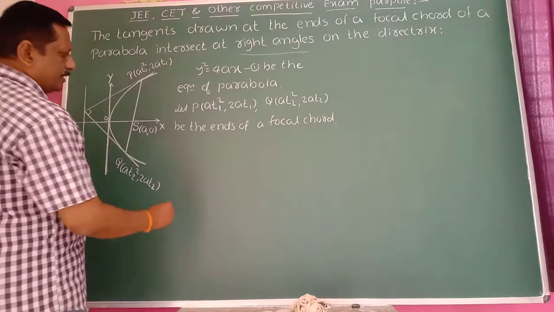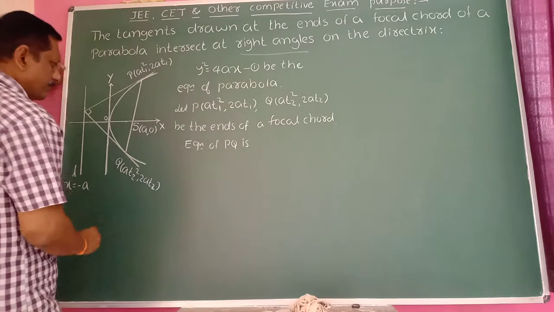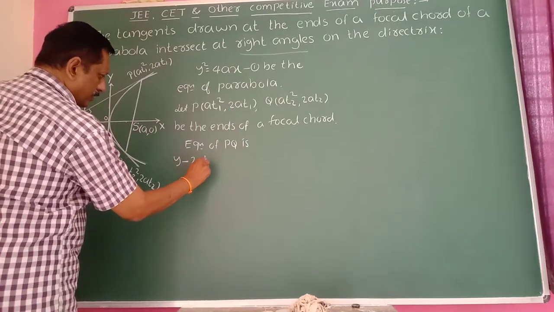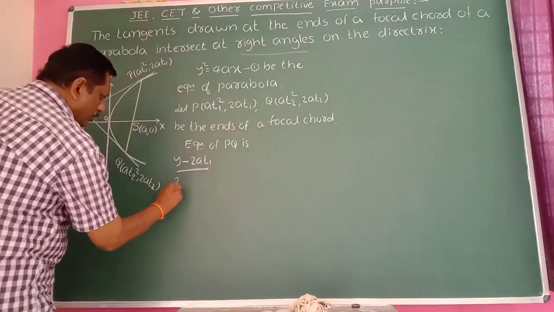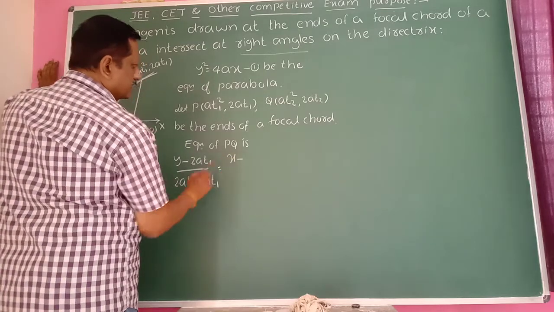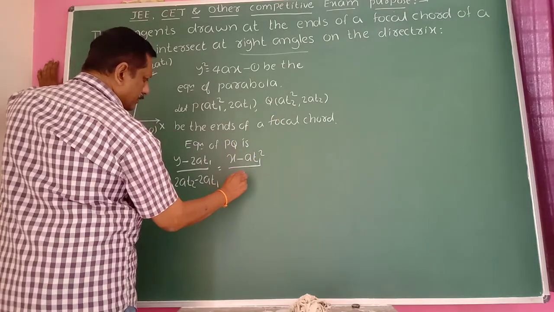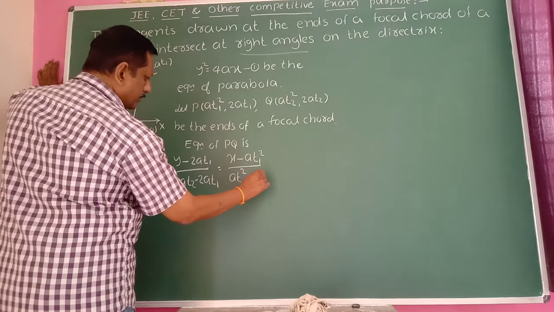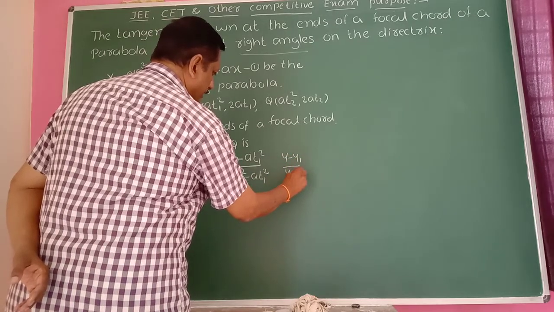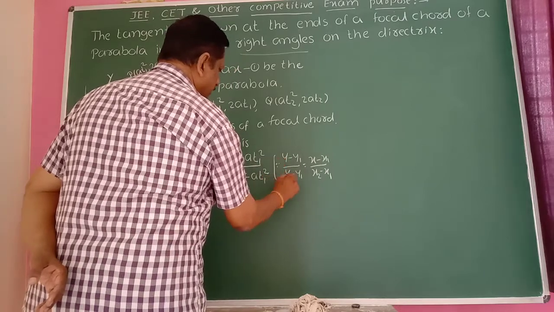Then the equation of this focal chord PQ is given by y minus y1, that is 2at1, divided by y2 minus y1, that is 2at2 minus 2at1, is equal to x minus x1, that is at1², divided by at2² minus at1². We are using the two-point formula: y minus y1 over y2 minus y1 is equal to x minus x1 over x2 minus x1.